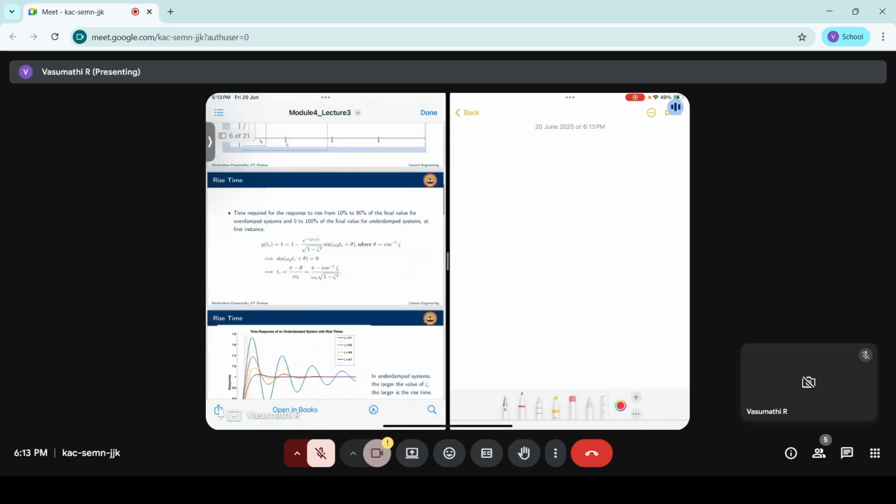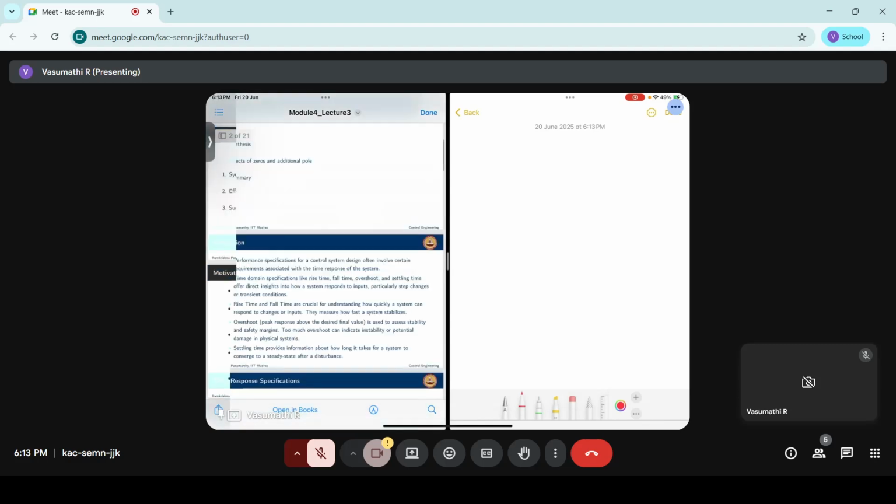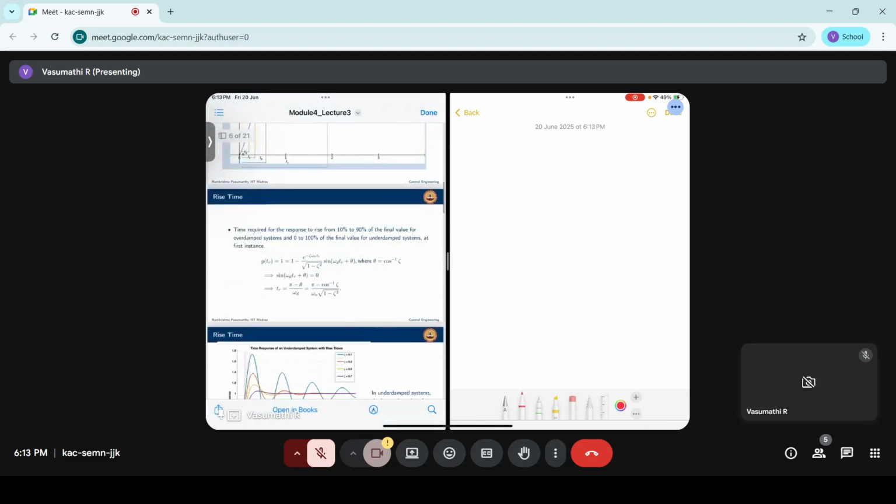What are all the important formulas you would need? The first one is the rise time. We call this TR. TR would be pi minus theta divided by omega d, where omega d is, we already saw this, omega n root of 1 minus zeta square.